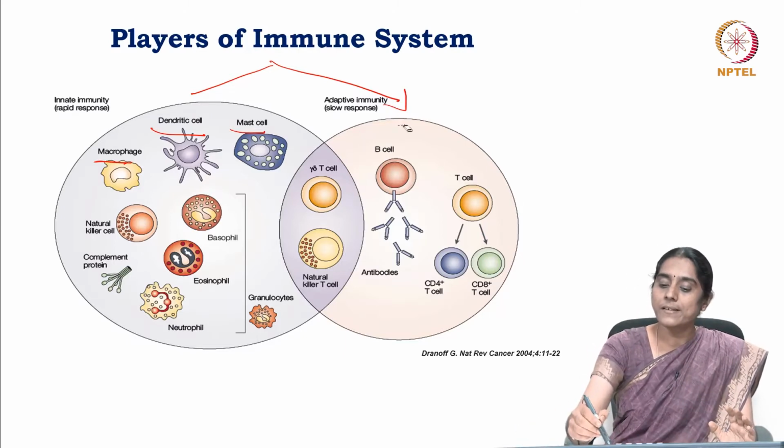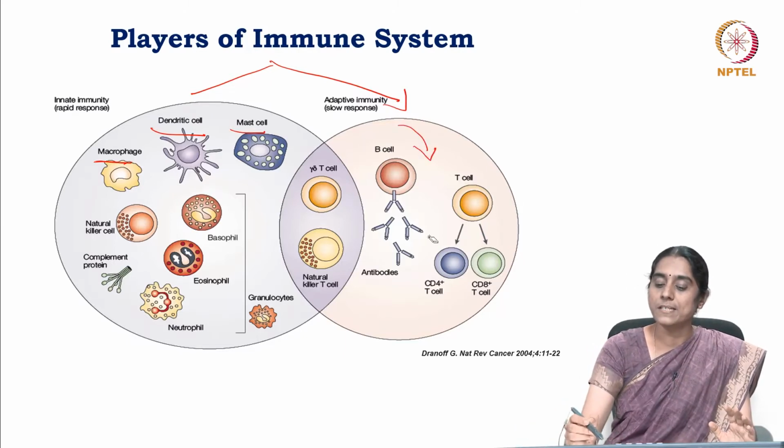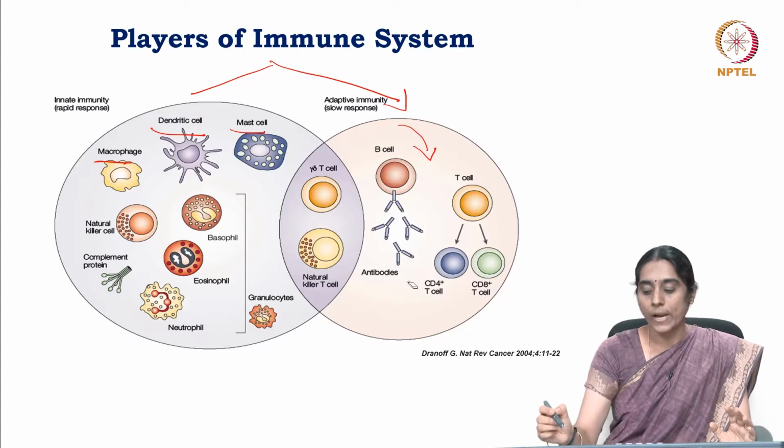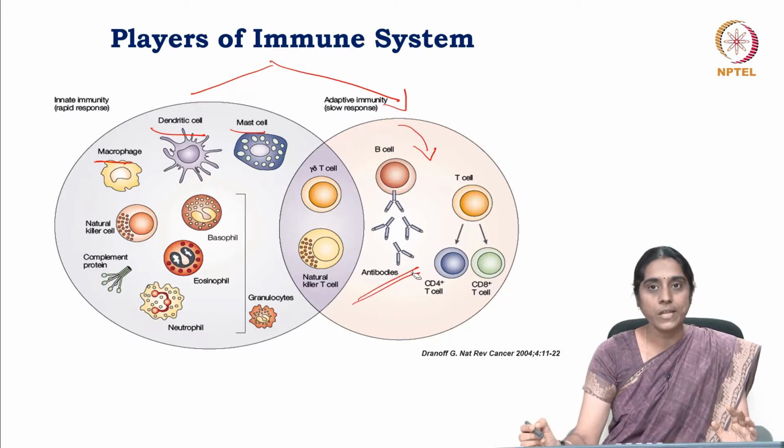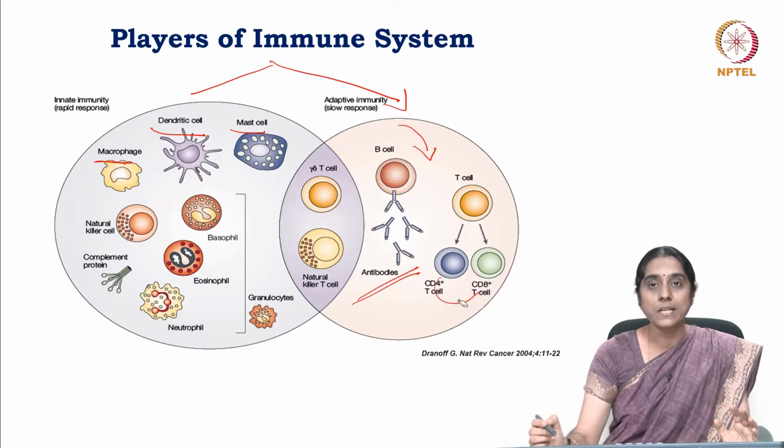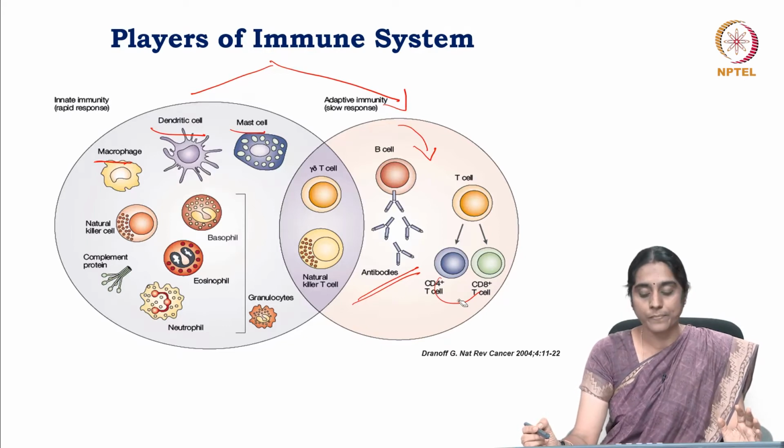Adaptive immunity is mediated by B cells and T cells, including CD4 and CD8 T cells, mainly through antibodies and the effector response of CD4 and CD8 cells.